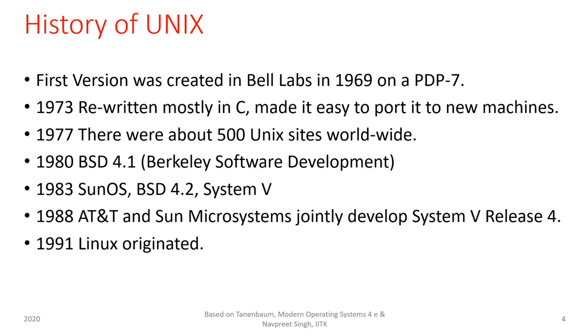So then there were a number of variations that came about. And then in the early 90s, the Linux operating system came about. So it was again following the same principles of the Unix operating system, but it was a new operating system that came about later on. But in the present day scenario, Linux is one of the most common Unix type operating systems that is being used.